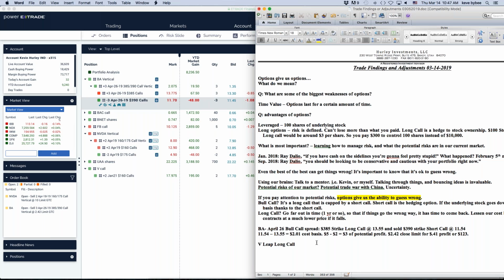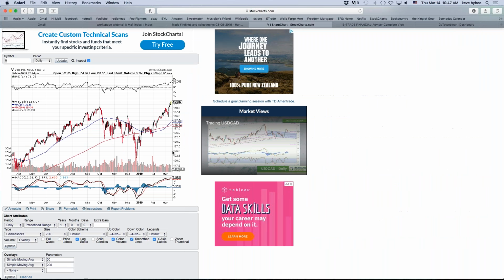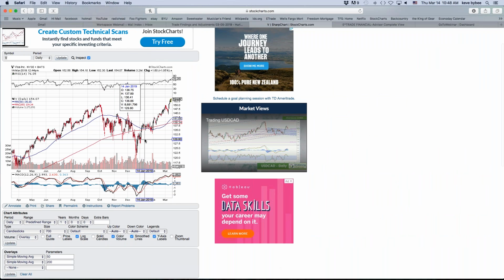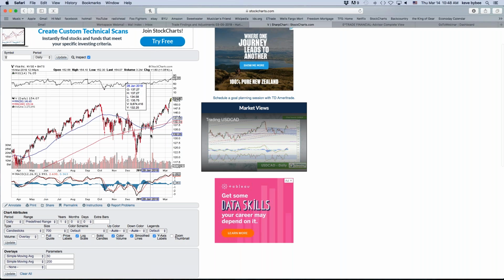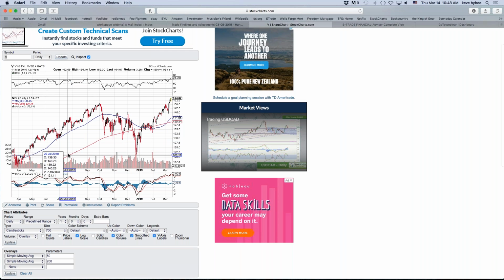So recommendation right now, if you're looking to put a trade on Visa, looks fantastic. Yes, obviously it would have been better to get in down here, anywhere at the beginning of the year, any one of the pullbacks, anytime last year.